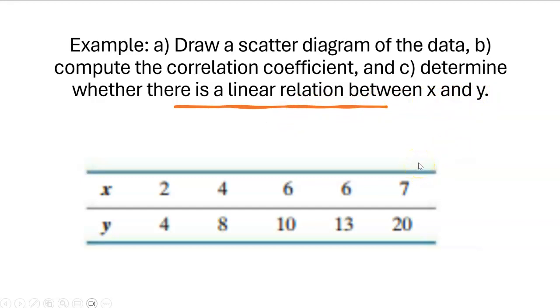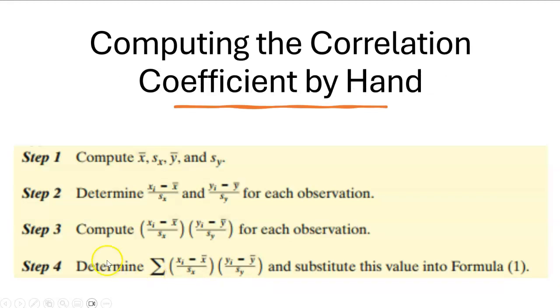So what I'm going to do is take this data and put it in an Excel spreadsheet. I'm going to list all of my X's and all of my Y's. This is how you compute it by hand. Remember, you use this formula divided by n-1. So I'm going to show you how to go through and compute each of these, but it's still going to be in Excel, okay?